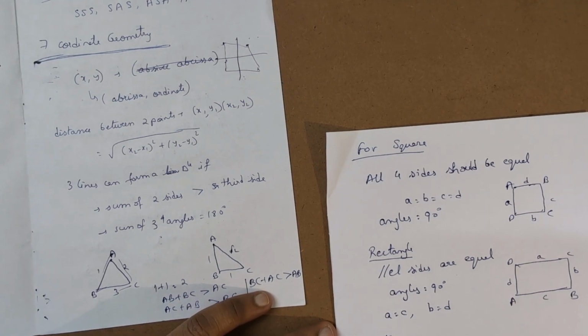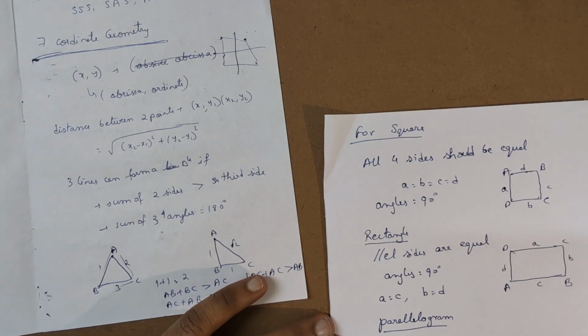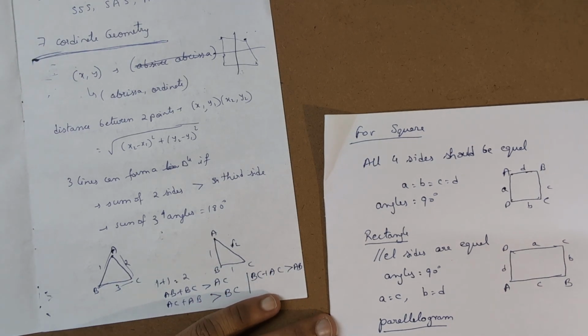As for the rhombus, all sides are the same and diagonals are perpendicular. Diagonals also bisect each other.